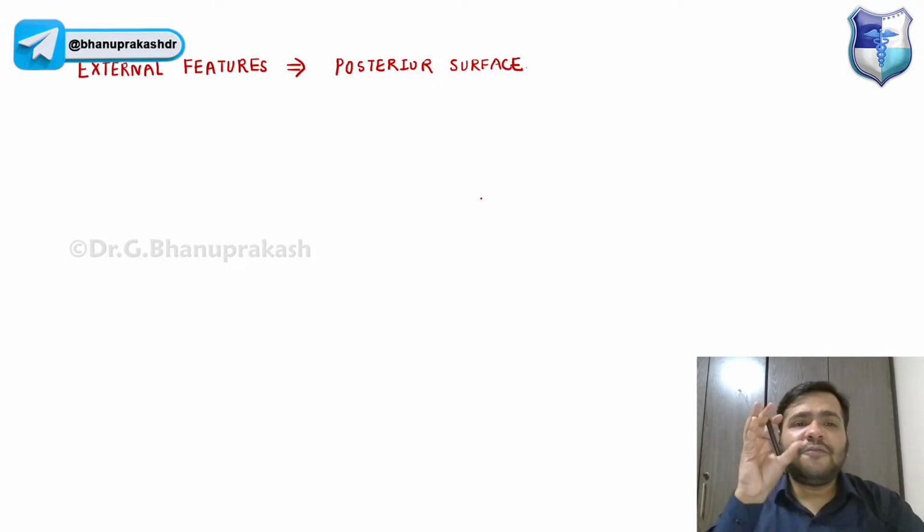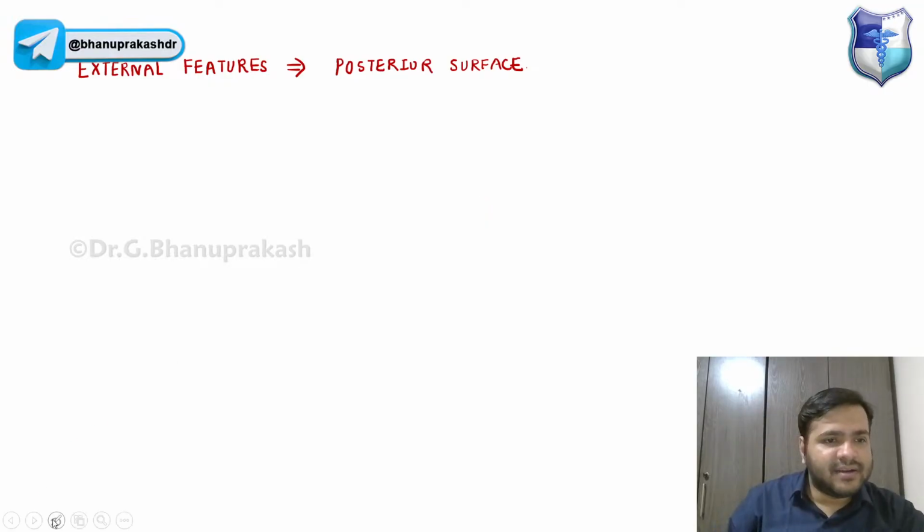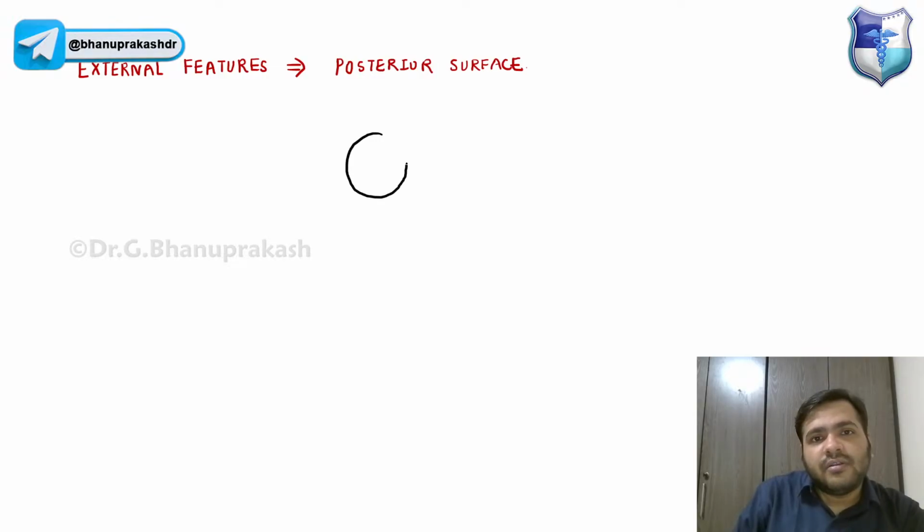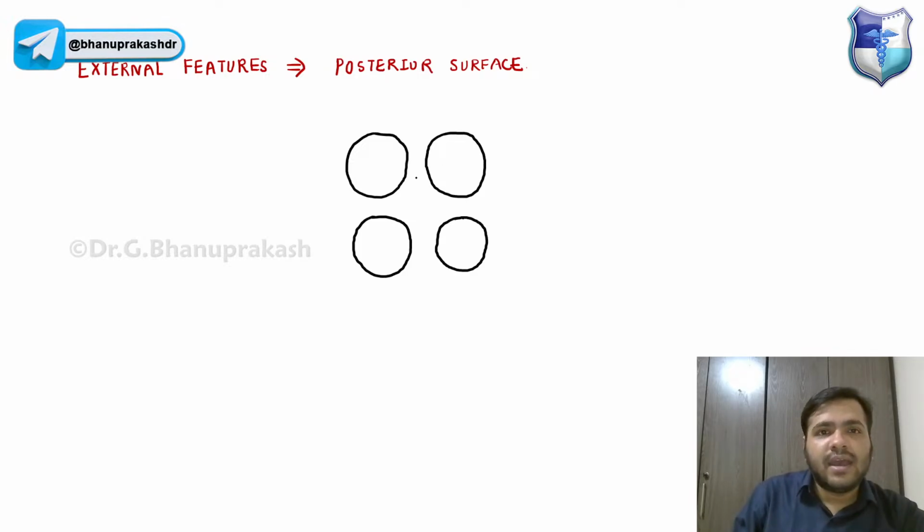Now, there are four rounded elevations, guys. Let us try to draw it so you can understand more clearly. We have these four rounded elevations, which you can see. These are masses of gray matter only, and these are called the two superior colliculi and the two inferior colliculi.